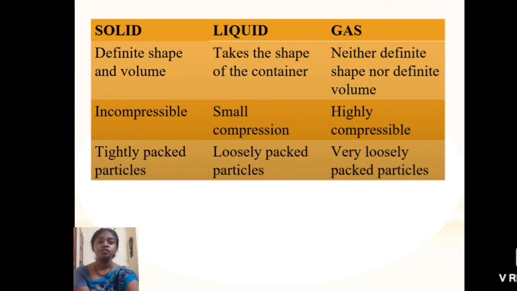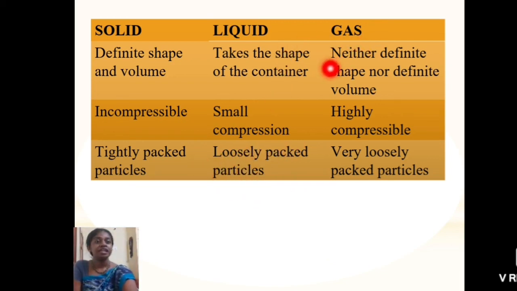So let's summarize what we saw so far. Solids have a definite shape and volume. They are not compressible and have tightly packed particles. Liquids take the shape of the container, have small compression, and have loosely packed particles.